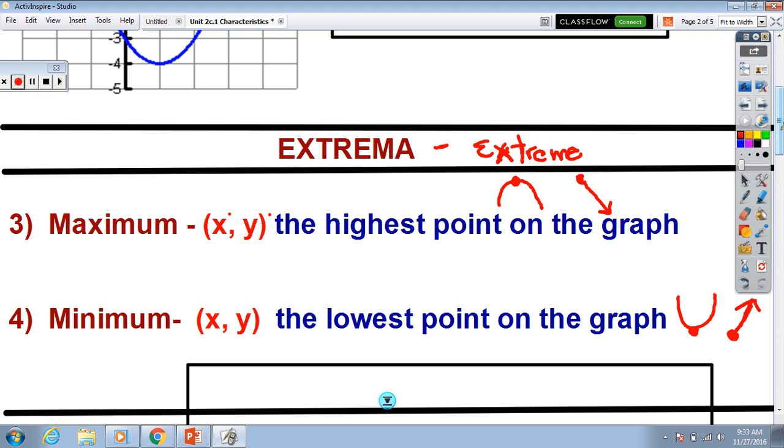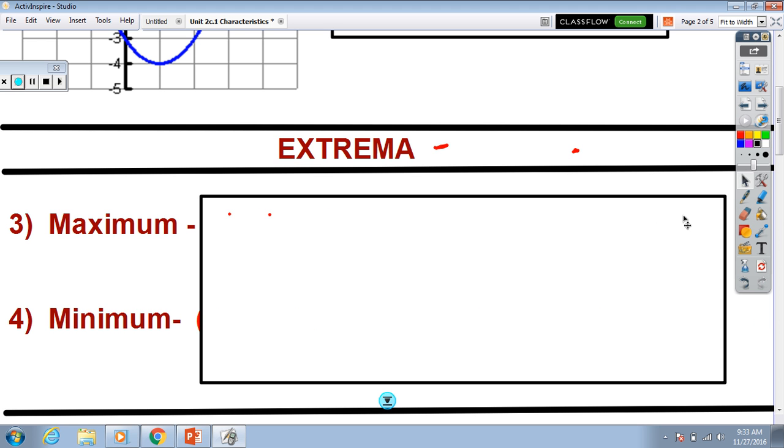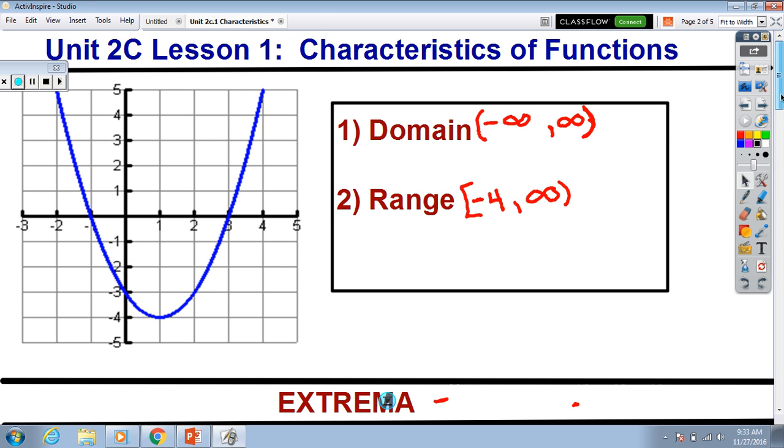So let's look at our graph and let's see if we have a max or a min. So let me clear this up. Alright, looking at the same graph we were looking at on the front page, I'm looking for a maximum point. So remember, in order to have a maximum, it kind of needs to look like a hill, and we don't have that in this picture.